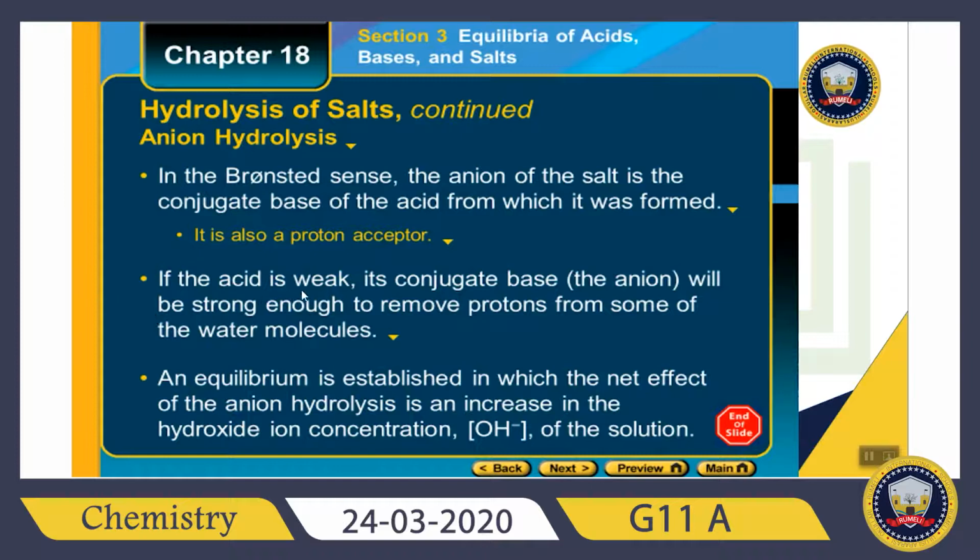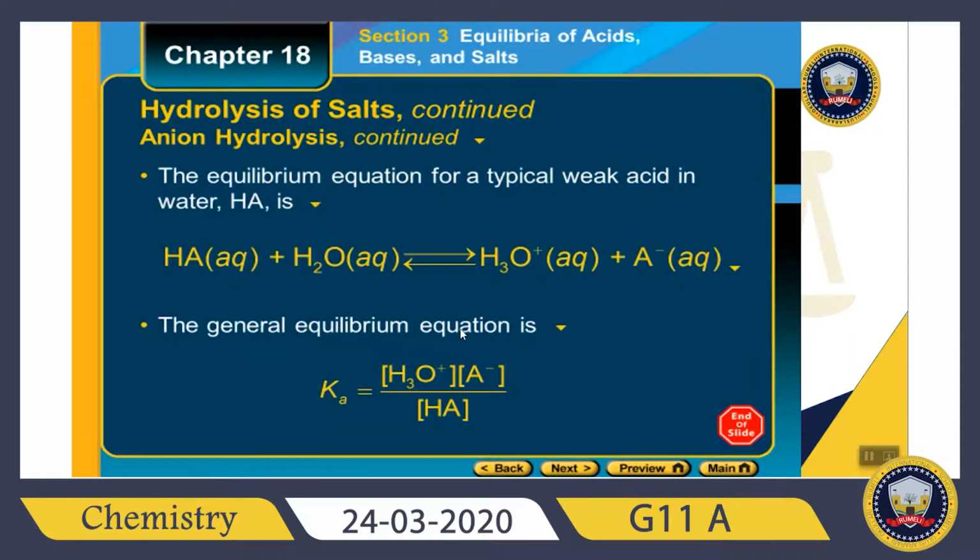If the acid is weak, its conjugate base, which is the anion, will be strong enough to remove a proton from some of the water molecules, like this here. This is the anion part which will react with water.